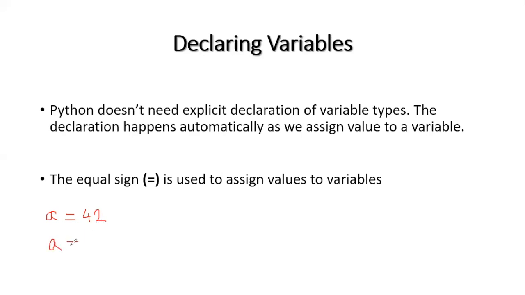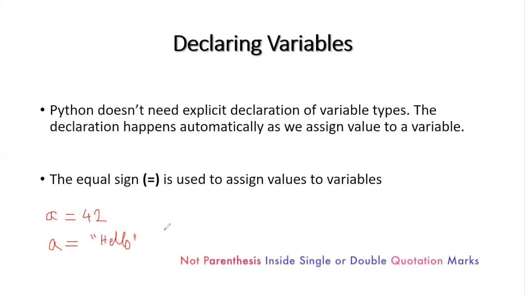Again, if A is a string, that is a group of letters or words, let's say hello, then we write A equals hello inside quotation marks, which may be double quotes or single quotes, whatever works. Both are the same.